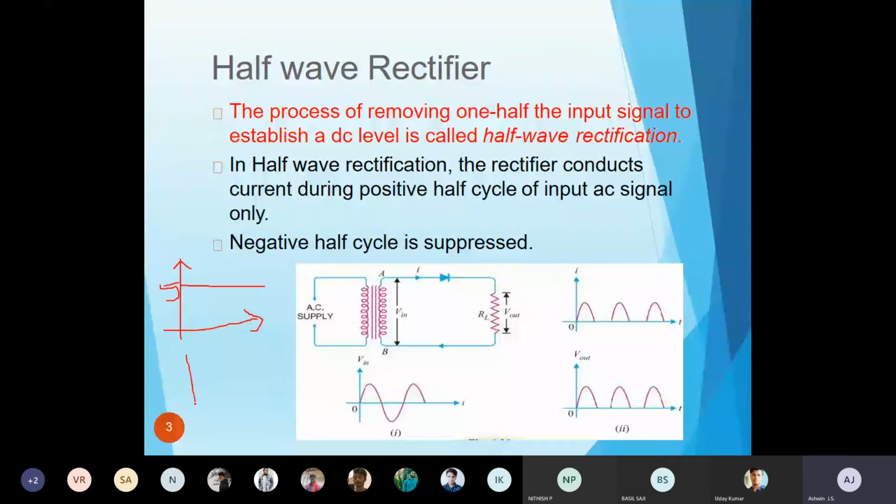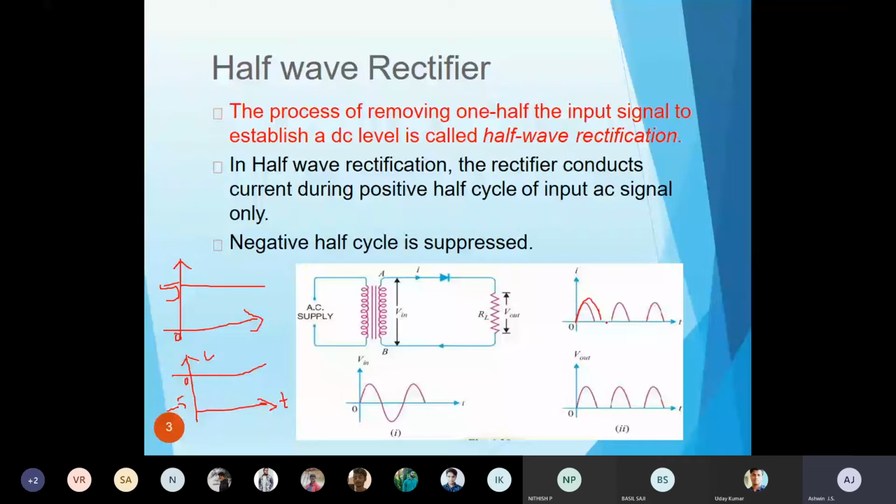If it is negative 5, it will be like this, at -5. This is the origin, 0. With respect to time, I'm plotting the voltage, so it will be a straight line. It's not like this, having an oscillation from here to here. This is called pure DC, whereas the rectifier output is pulsating DC.